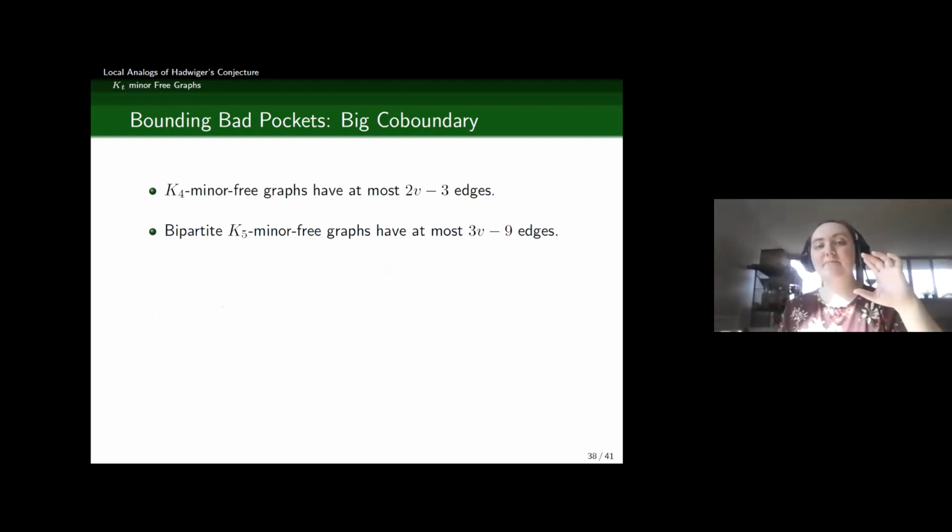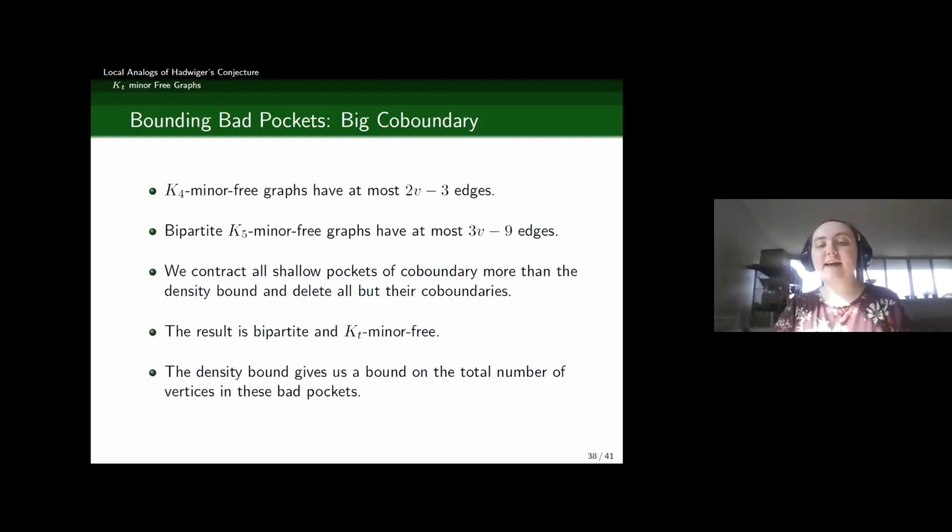So for pockets of coboundary at least 4 that are shallow, you create a bipartite graph by essentially removing all the edges within X and only keeping the contracted vertices and their neighbors. So then any shallow pockets of coboundary at least 4, you can bound all the vertices in there.